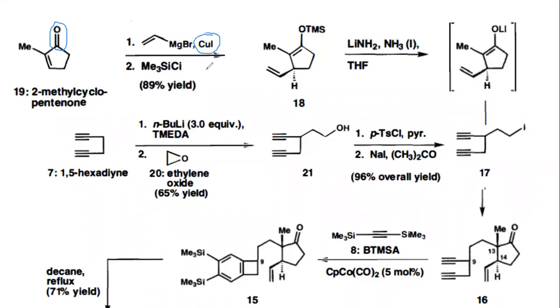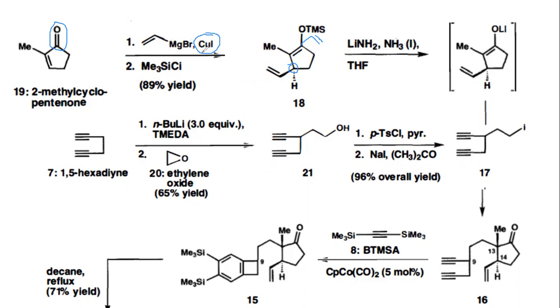The reaction will take place, and as a result, this trimethylsilyl chloride also protects this keto functional group. As a result, this alkylation will take place at this position. Otherwise, if you do not use this, then this Grignard reagent will add at this position, and you will get this type of product.